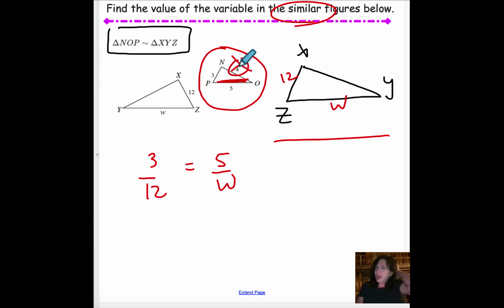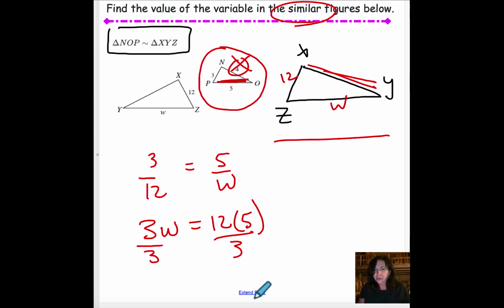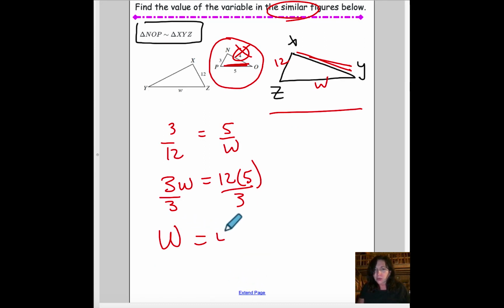We're not going to use that because we don't have this value on the top, nor are we trying to find that. So we're going to go 3 times W, cross multiply, is equal to 12 times 5. I'm going to divide both sides by 3, and I'm going to get W equals 4 times 5, which is 20. So W equals 20, and that's this value right here for that side.